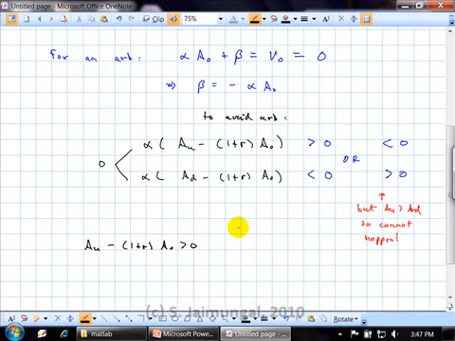Look, there's that alpha coefficient there. So if alpha is positive, this would be true, and if alpha is negative, then we'd require the other one. But certainly, we avoid arbitrage if this is true. Do you agree?